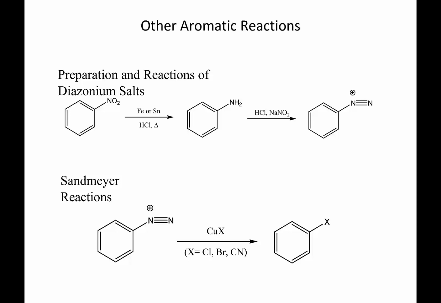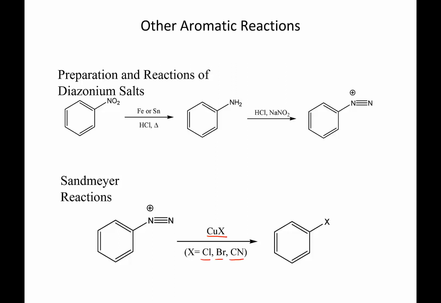And the first set of reactions are what are called the Sandmeyer reactions. So if you react a copper salt with the N triple bond N, what you end up doing is replacing that with whatever the X group was. So you could do a Sandmeyer reaction and use copper chloride, copper bromide, or copper cyanide.